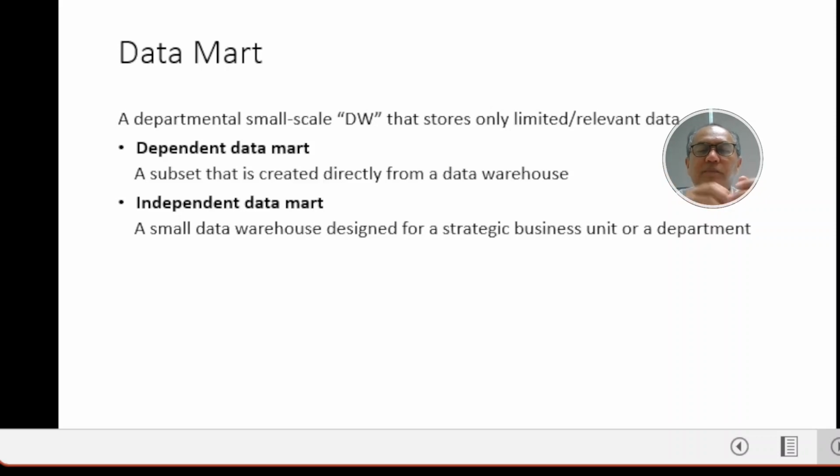It's a small data warehouse for a specific unit, which we call an SBU, strategic business unit, or a department that is separated from the main data warehouse. It can be meant for a specific project that the company wants to do, and they don't want to be tied to the data coming from the data warehouse, or it does not contribute back to the data warehouse. It's independent.